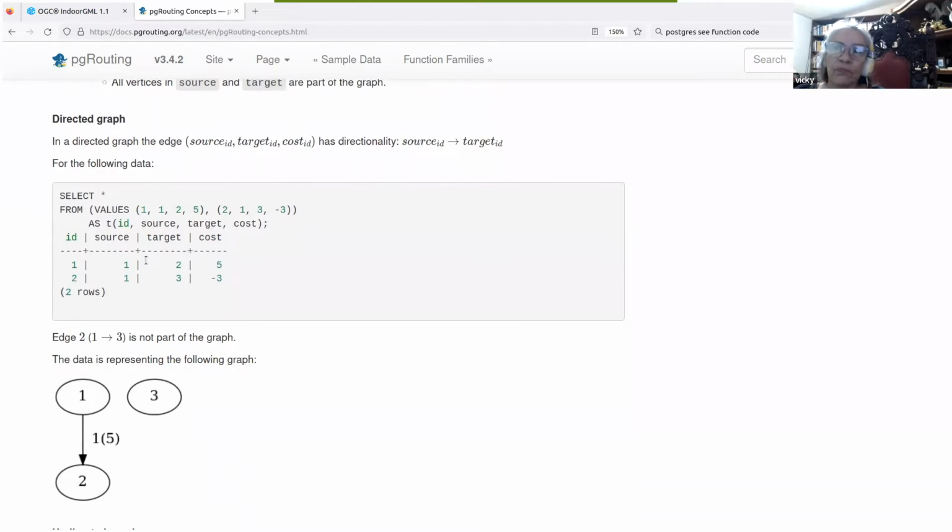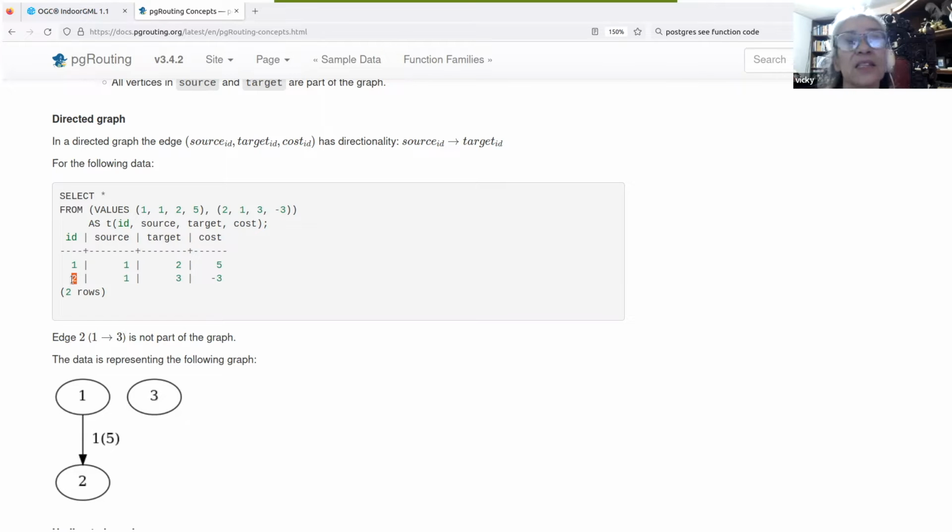So, let's see how a directed graph looks like when we give source and target columns and the column cost. So let's understand this table. We have an edge identifier 1 that goes from vertex 1 to vertex 2 with a cost of 5, which is this edge.